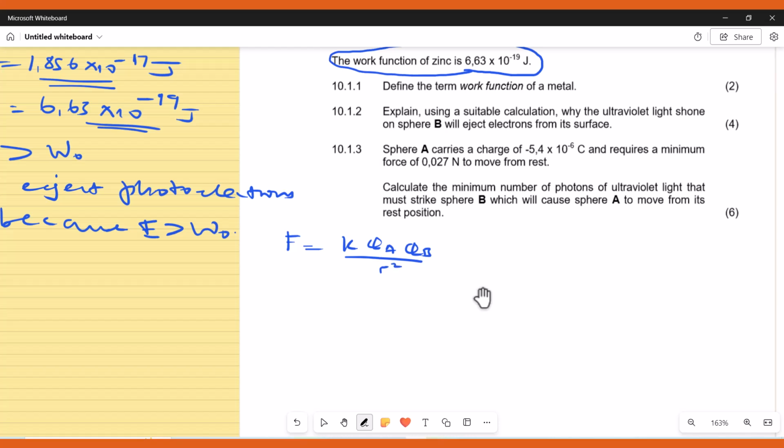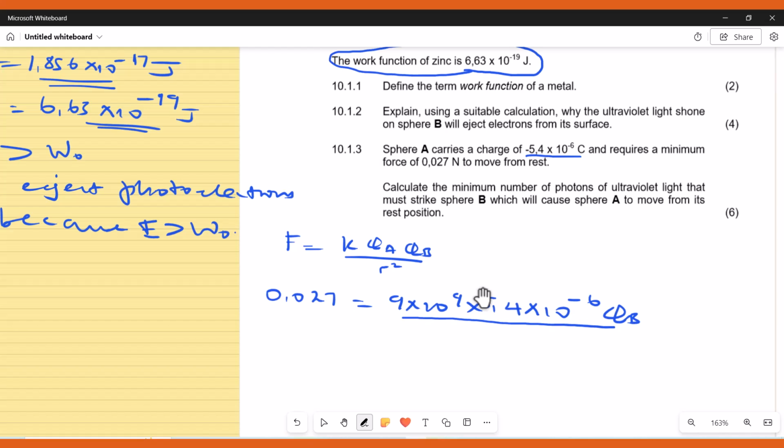The force given is 0,027. K is a constant, which is 9 times 10 power 9. The charge on sphere A is 5,4 times 10 to the power negative 6. Now I want to find the charge on sphere B, then later get my electrons, and that will be the answer.